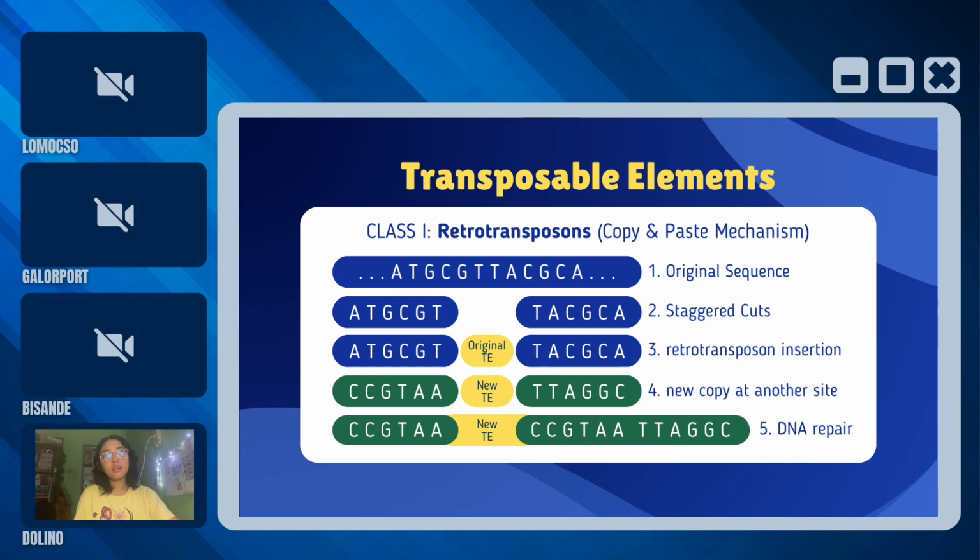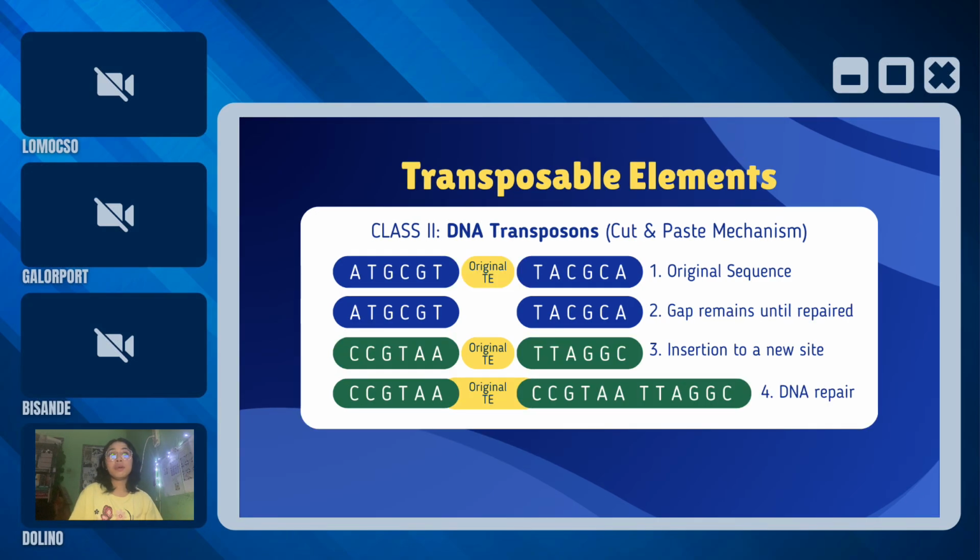So going back, the original transposon is copied in the form of an RNA molecule and then transcribed into DNA by reverse transcriptase. The new DNA copy or the new transposon inserts on another site, and DNA repair happens. As you can see, the sequence on your left of the transposon, CCGTAA, is duplicated as seen on your right. That is part of the DNA repair mechanism, and we'll discuss that later on.